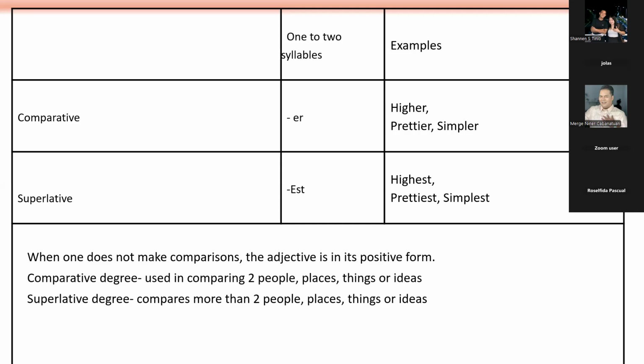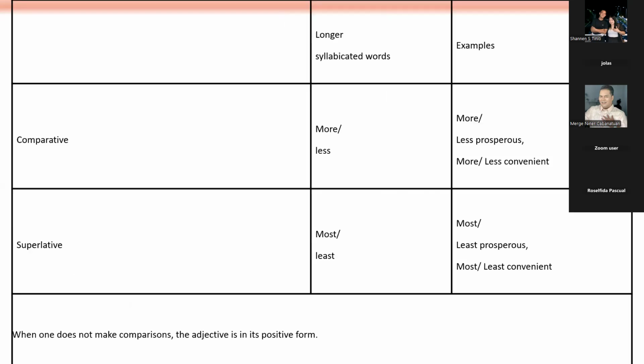When you are using the comparative degree, you are only comparing two people, two things, two ideas, two places. But definitely, superlative degree is more than two. So the minimum is three, and then more than that. Okay.